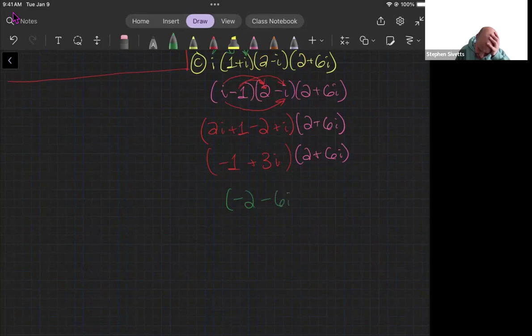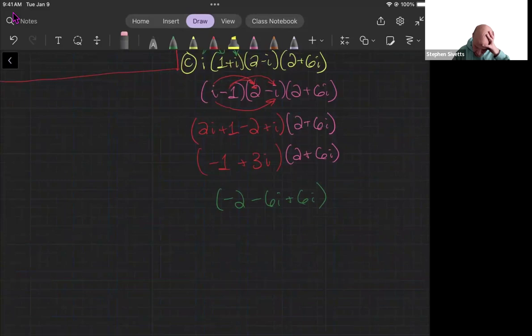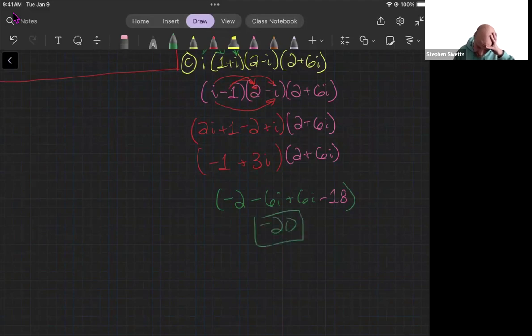And plus 6i. And, oops, forgot one more term. Plus 18i squared. So that's minus 18. Right? Minus 18. And that will be minus 20. Okay, minus 20. So hopefully you made sense of that too. Okay, so that's just pretty basic.